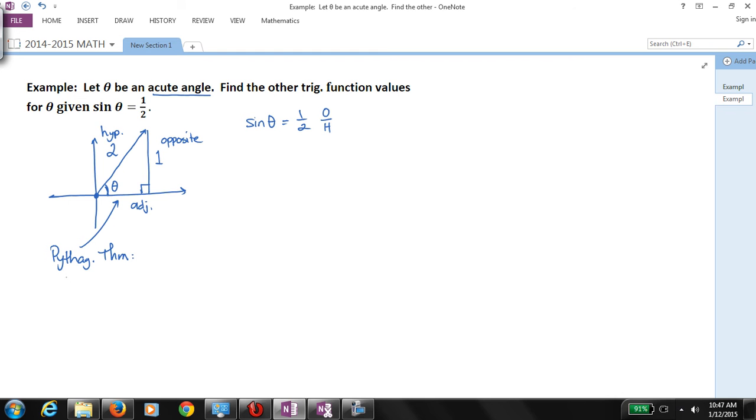So it's going to be 1 squared plus, I guess we'll just call it A, it doesn't matter, is equal to 2 squared, which is A squared is equal to 3. And then A is equal to the positive, because we can't have negative, square root of 3.